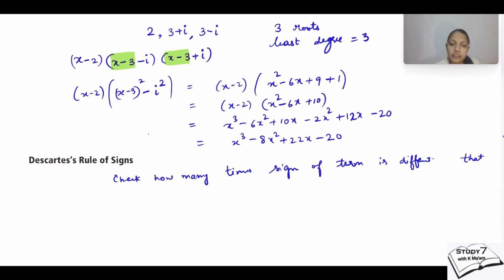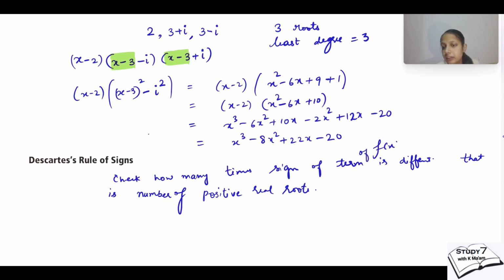That is the number of possible positive real roots.